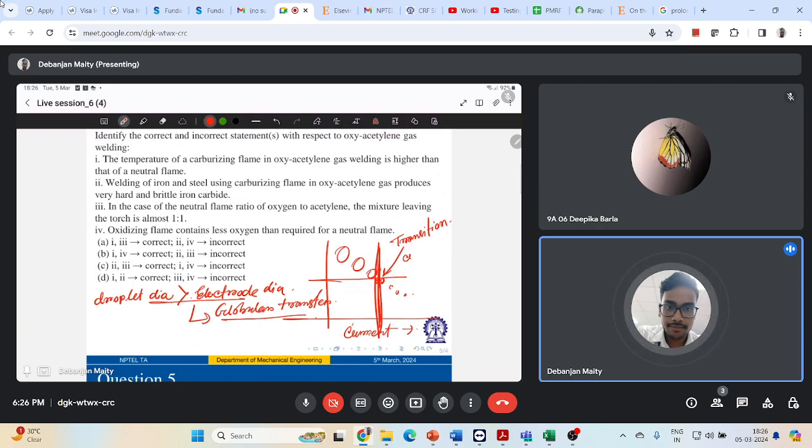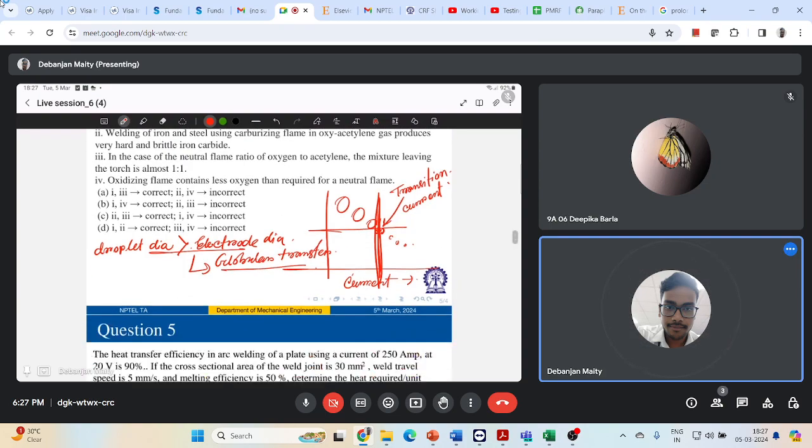So these things we have already talked about in our earlier videos. Then we have different gas aspects also. If you are using different shielding gas, it can also affect your metal transfer rate.